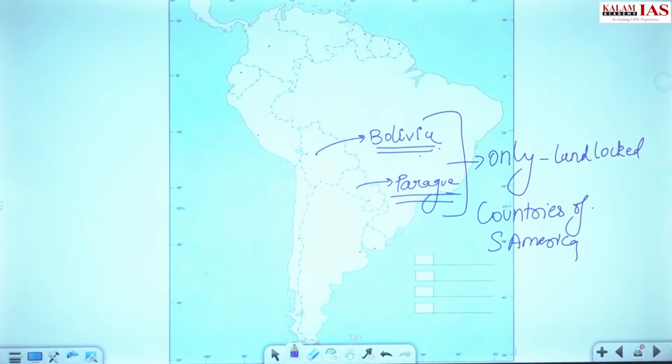So this is something which you should write. First, you should write the Caribbean plate, the Nazca plate, and the Pacific Ocean, and what all countries. You should have a very brief idea about them.